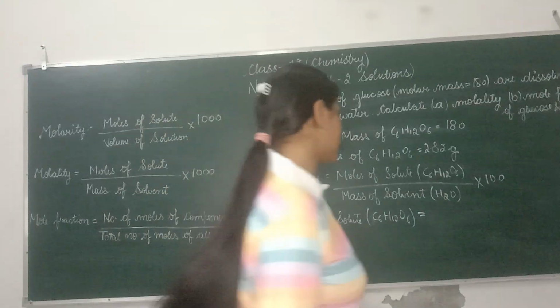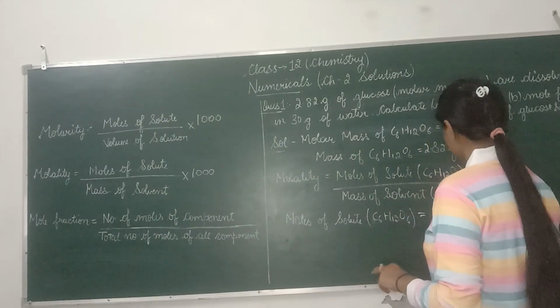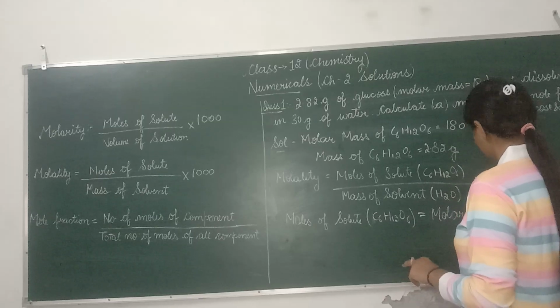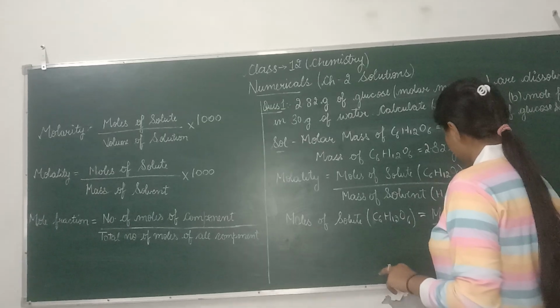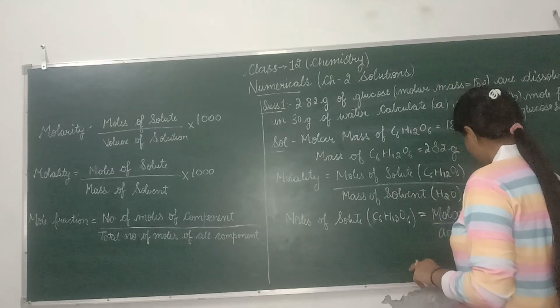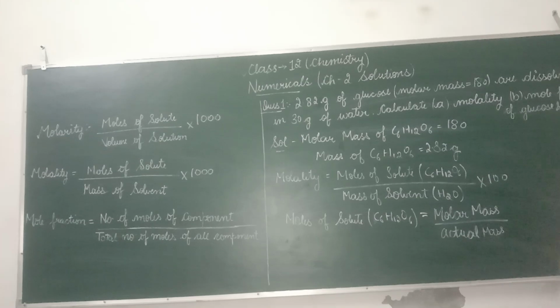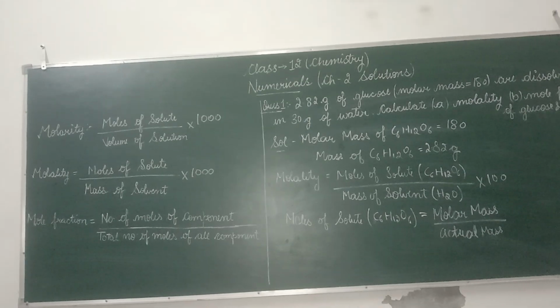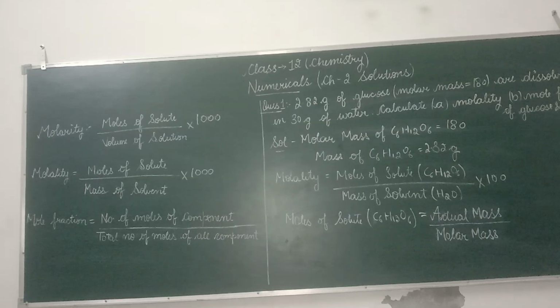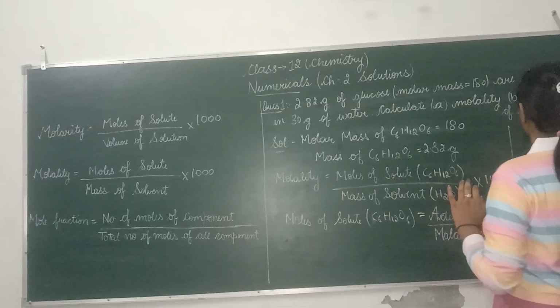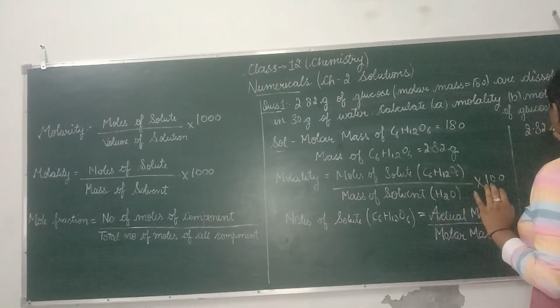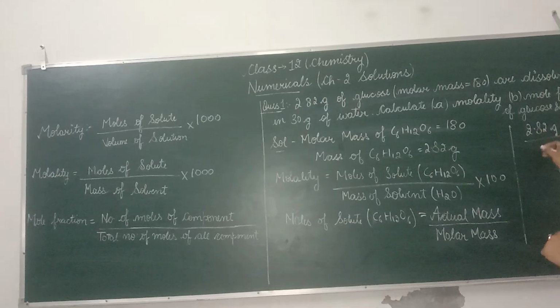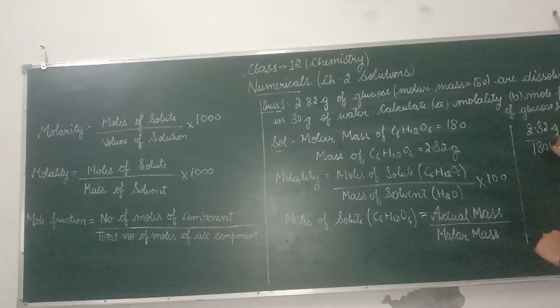The moles of solute can be calculated as actual mass upon molar mass. The actual mass is given to be 2.82 grams, divided by the molar mass, which is given to be 180.